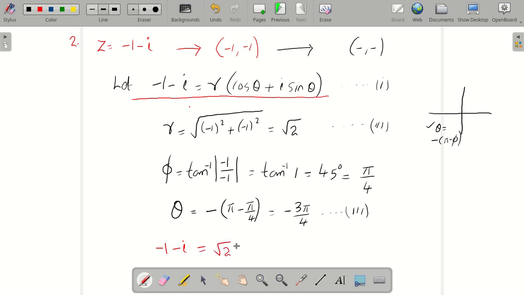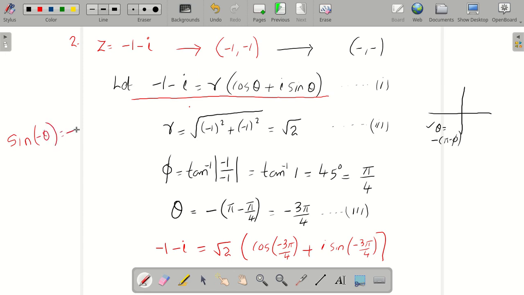Root 2. And then cos minus 3 pi by 4 plus i sine minus 3 pi by 4. If you want, you can keep it like this, or you can simplify using these relations from trigonometry.